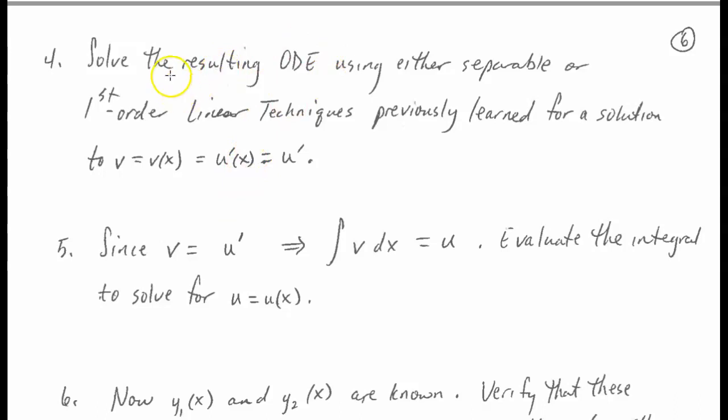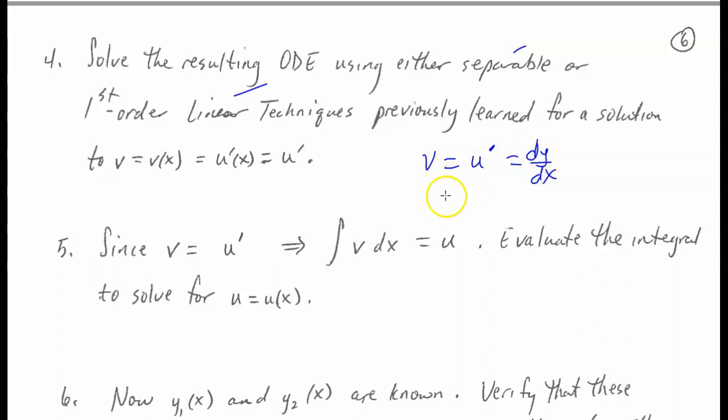So for step 4, we want to solve the resulting ODE by using either separable or first order linear equation techniques. Once we do that, we are going to find out what v is, essentially. And remember, in this case, we're going to say that v is equal to u prime, or du over dx.